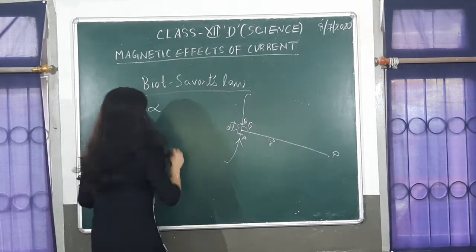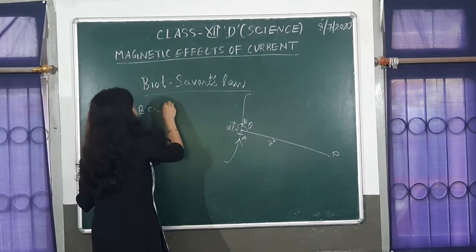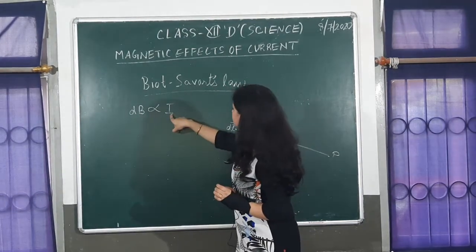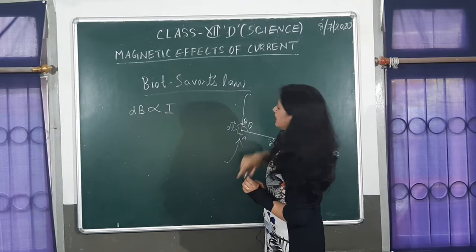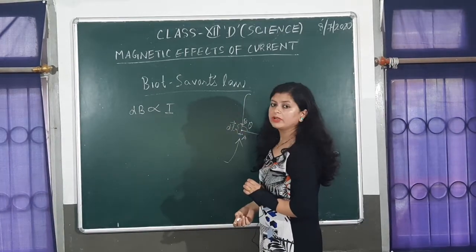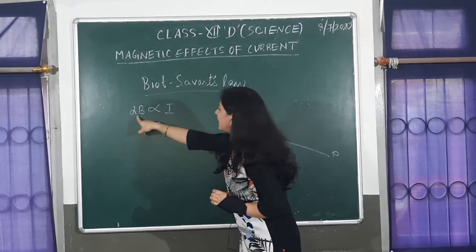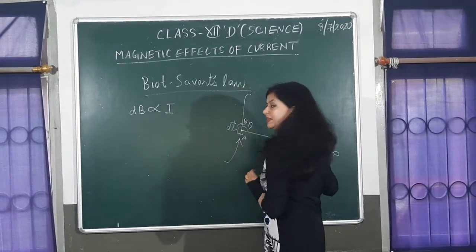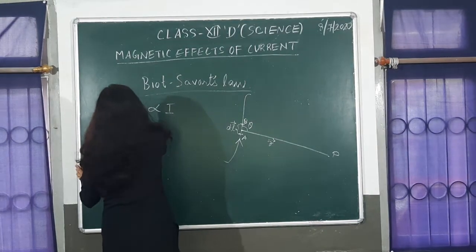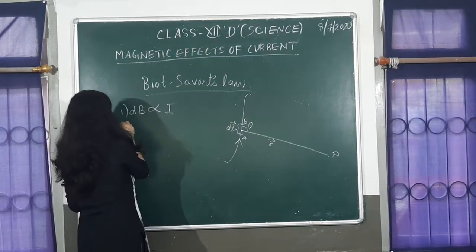The first point is dB is directly proportional to I. Here I means the current flowing through this current element. If the amount of current flowing is more, naturally the amount of magnetic field induced at the point P also will be more. That is natural, right? So this is the first factor.